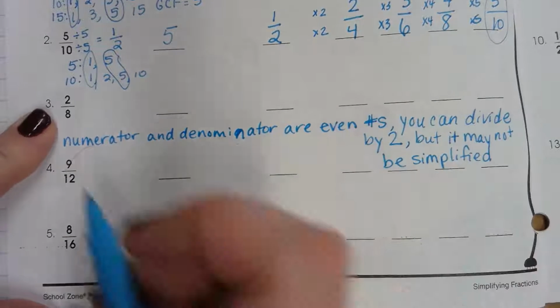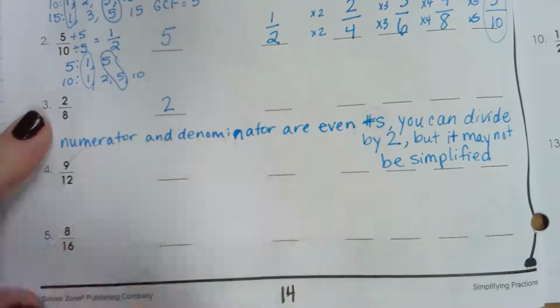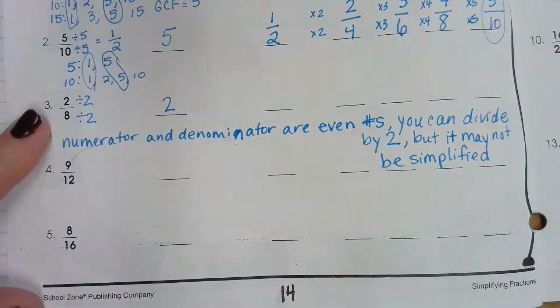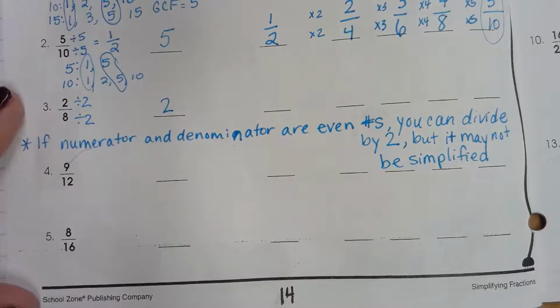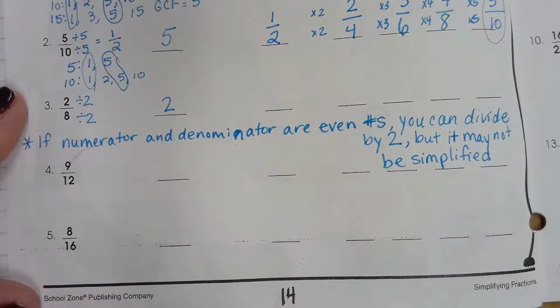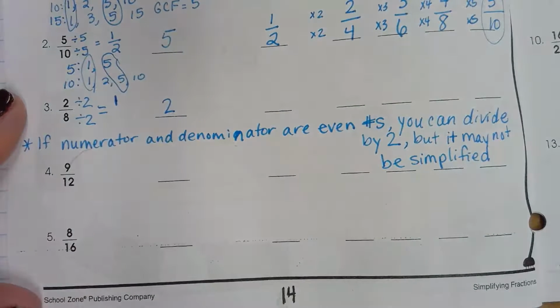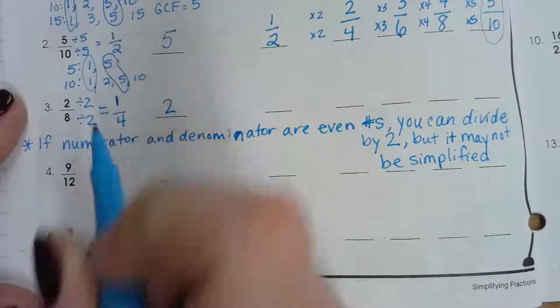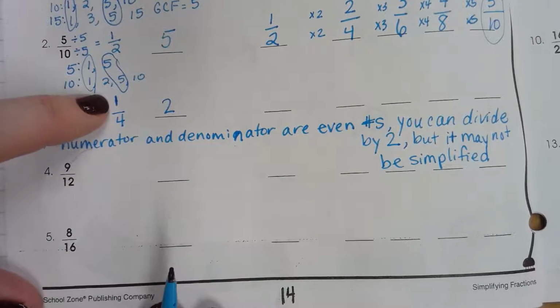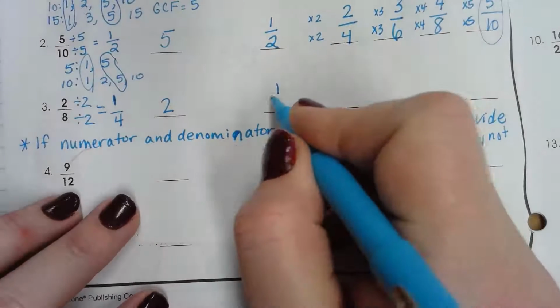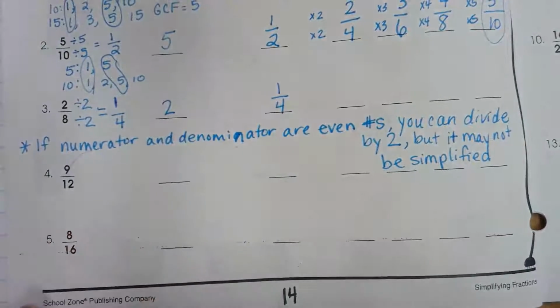So here, if I take a common divisor of 2, and I divide my numerator and denominator by 2 for 2/8, 2 divided by 2 equals 1. 8 divided by 2 equals 4. And if my numerator is down to a 1, it has to be simplest form. Okay? So simplified, this would be 1/4.